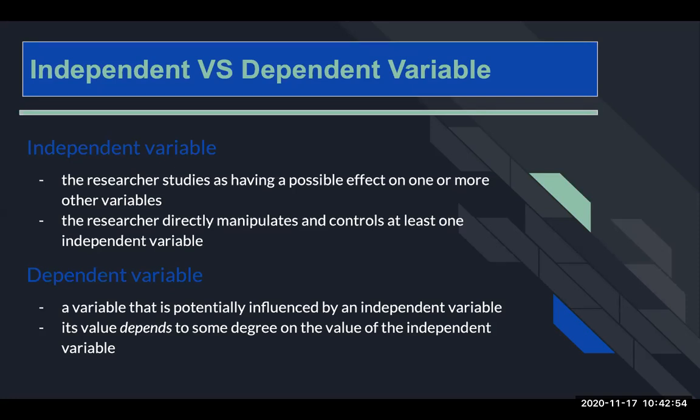In many of the designs described in the following chapter, the researcher directly manipulates and controls at least one independent variable. This is in contrast to the dependent variable, which is a variable that is potentially influenced by an independent variable, that is, its value depends to some degree on the value of the independent variable.